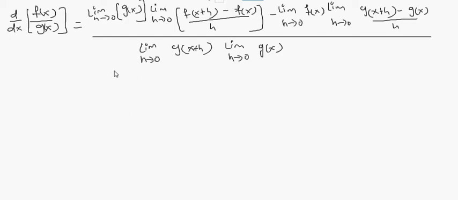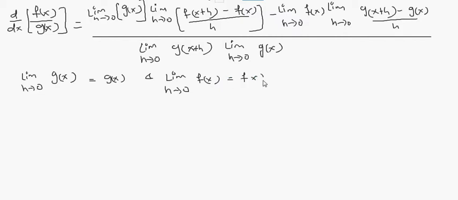Now as we can see, because there is no h term in each of these limits, limit as h approaches 0 g of x is equal to g of x, and limit as h approaches 0 f of x is also f of x.